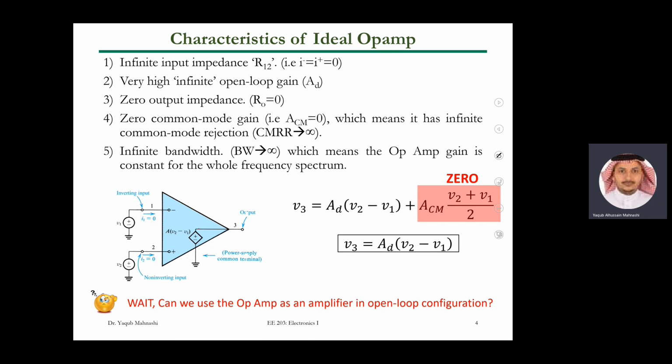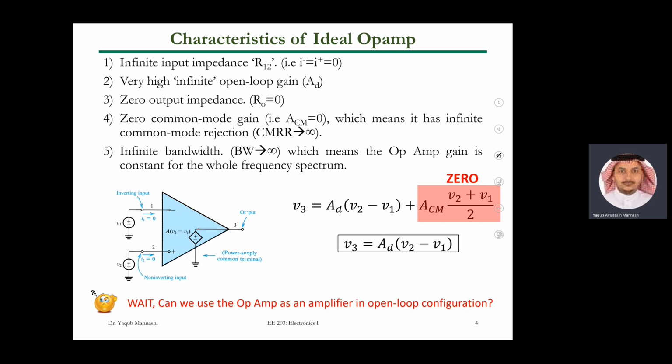And yes, we talked about using the op amp as an amplifier in open loop configuration. We said yes, it can amplify the difference, but the problem is that it will saturate. Because of the AD, guys, even if you have a difference between V input and V negative of 0.1, 0.1 multiplied by 100K is 10K, right? 10K, can you get 10 kilovolts?